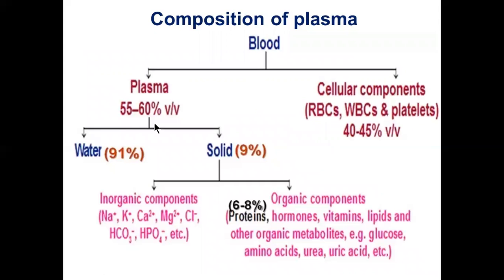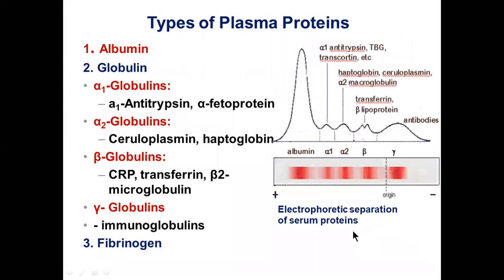Plasma consists mostly of water that contains dissolved salt, electrolytes, and proteins. Paper electrophoresis of serum proteins uses an electrical field to separate the proteins into groups of similar size, shape, and charge.